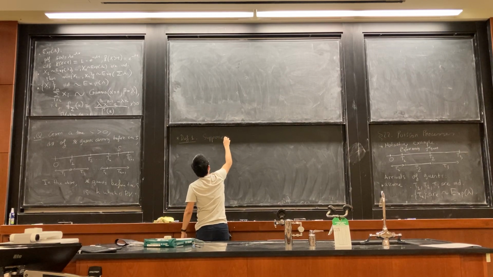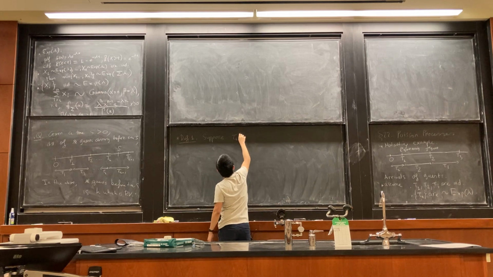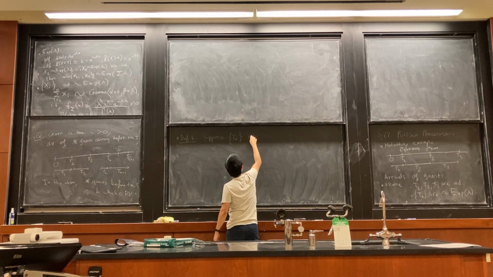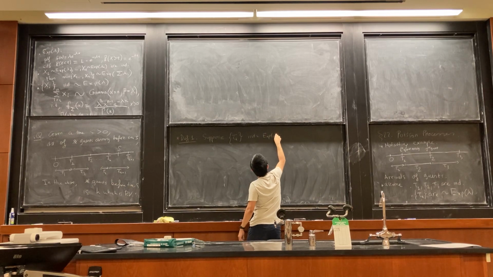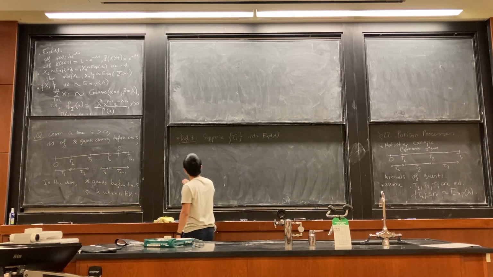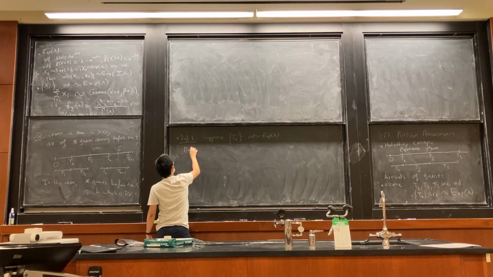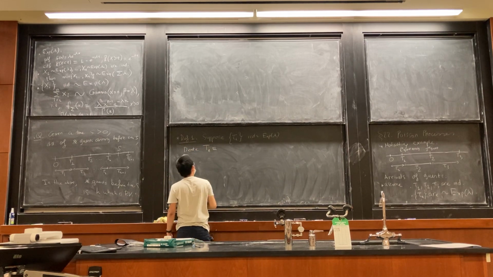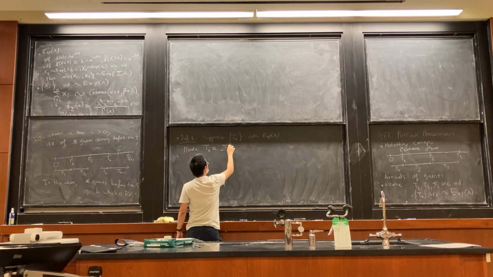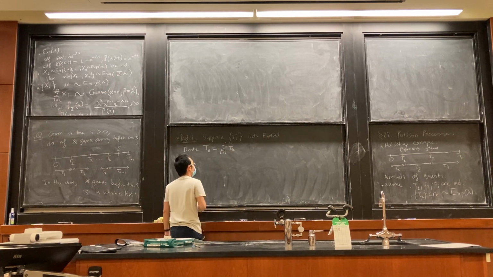Suppose I have a sequence of tau k being exponentially distributed with rate lambda. Let me denote capital T sub n to be the summation of tau k, k from 1 to n.